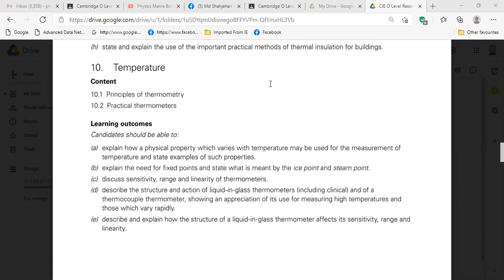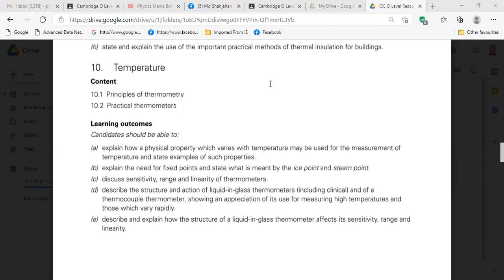And there is another thermometer that is called thermocouple thermometer. Here from this name we understand there is something like two.